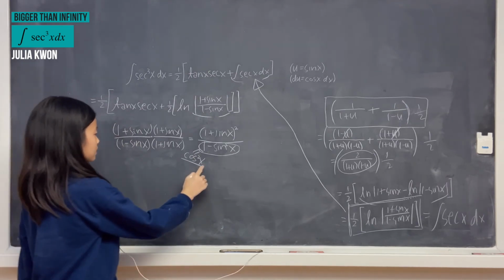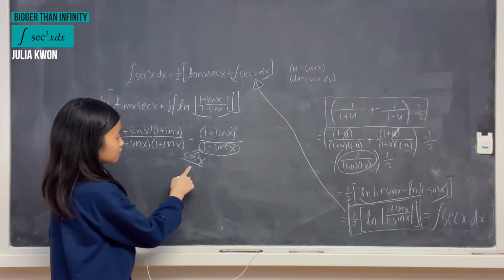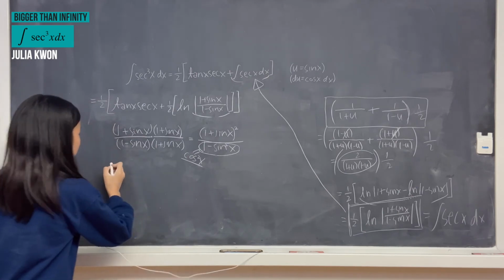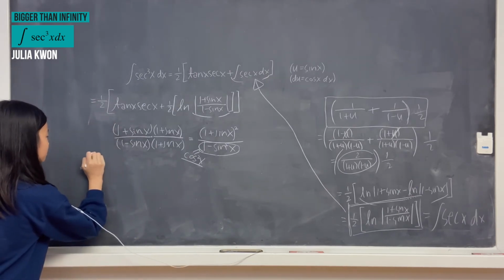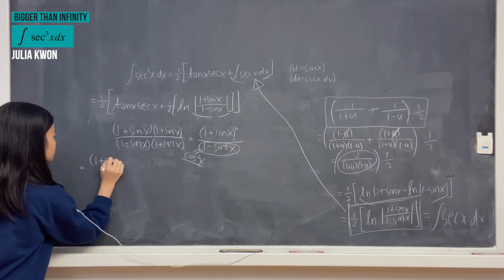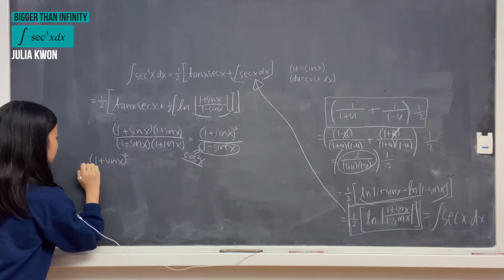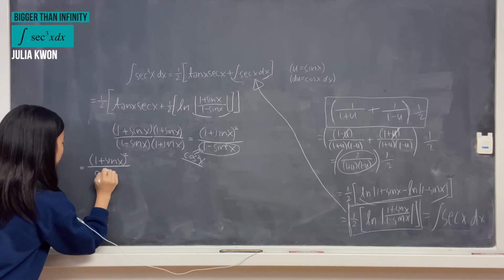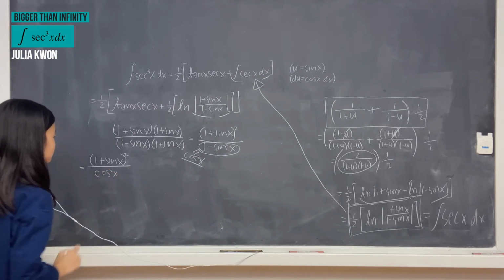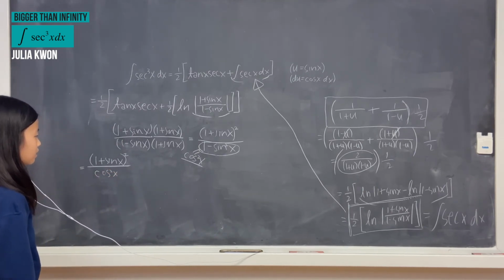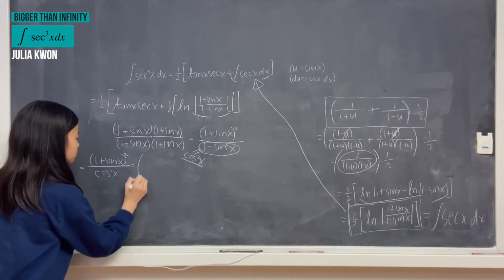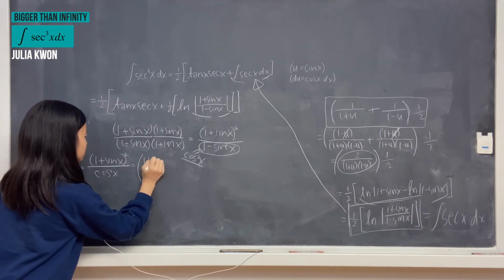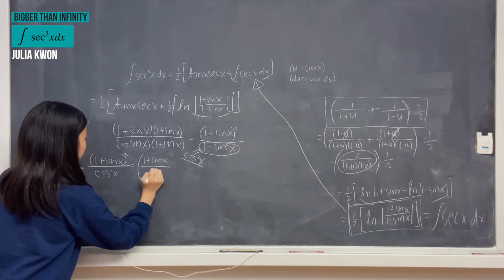So we can just replace this with cosine squared x, and so we would get (1 plus sine x) squared over cosine squared x. To make things simpler, we can just change it so that this whole thing is squared.